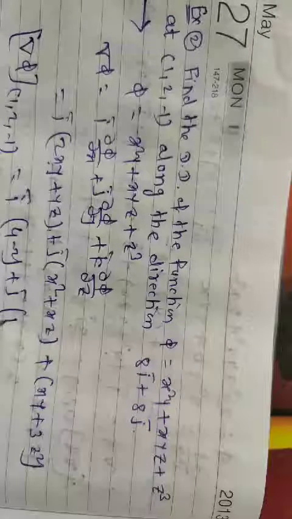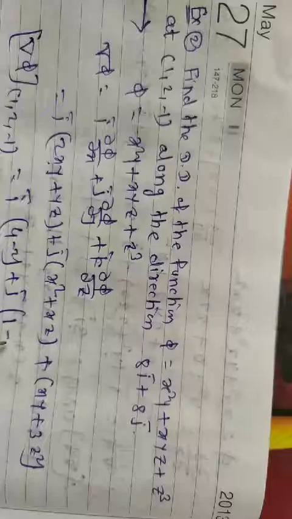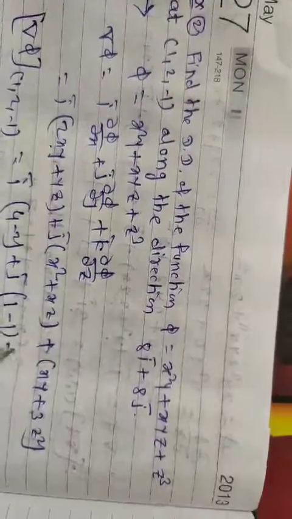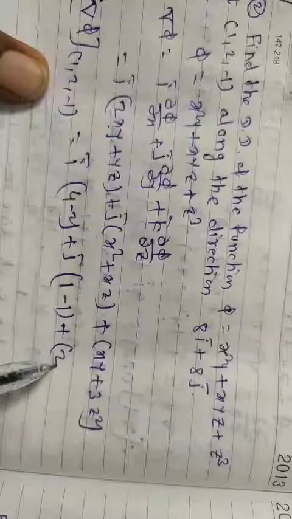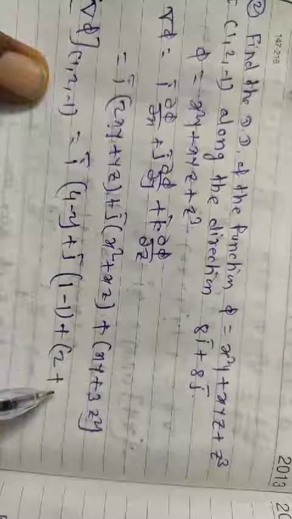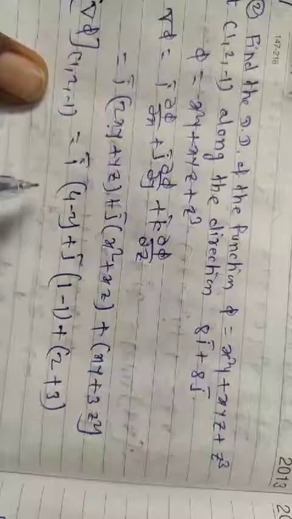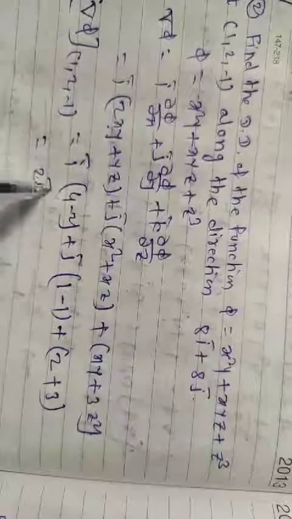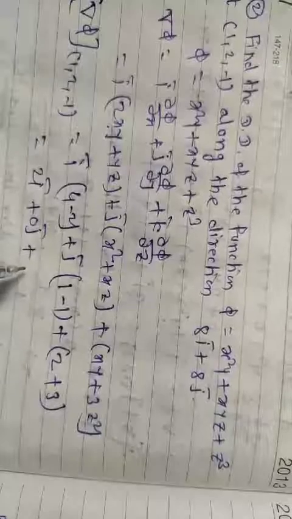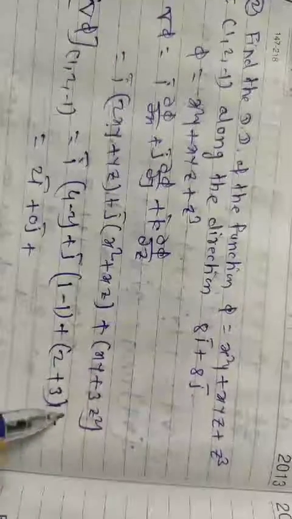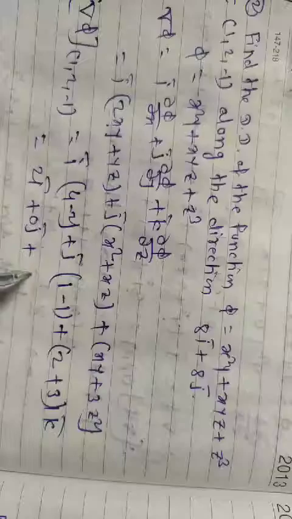X equal to 1, z equal to minus 1, that is minus 1, 1 into minus 1. And plus this xy, x equal to 1, y equal to 2, that is 2, and plus 3 into 1 square, minus 1 square is 1, so is equal to 2 I bar plus 0 j bar plus here k bar, 3 plus 2 is 5 k bar.